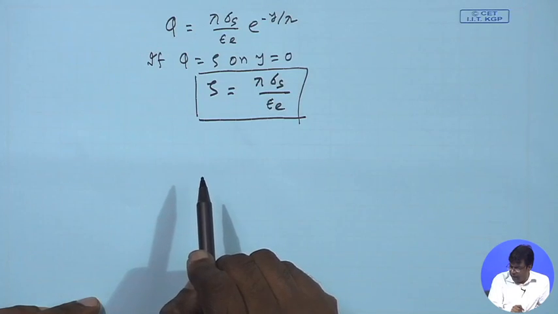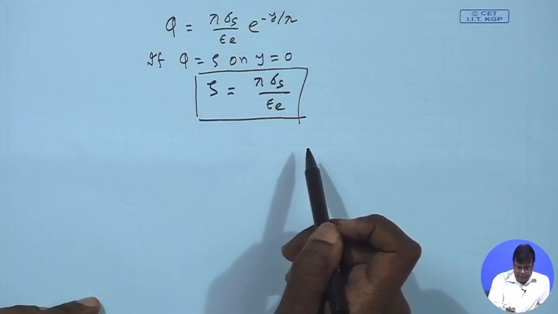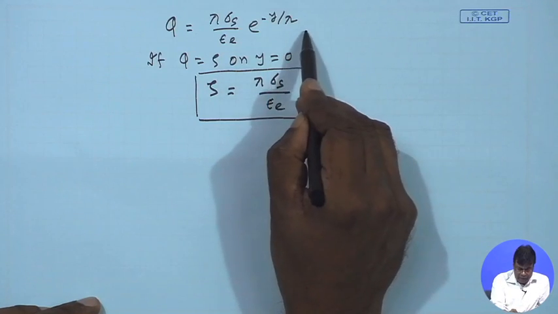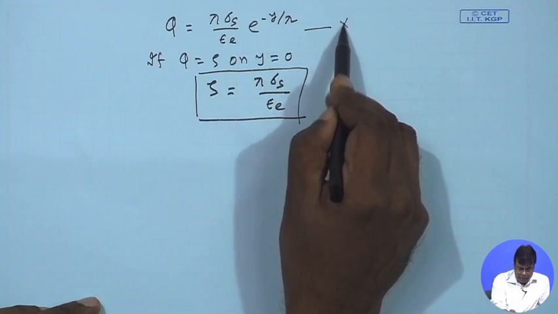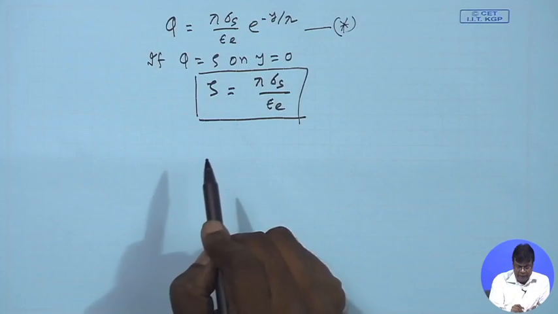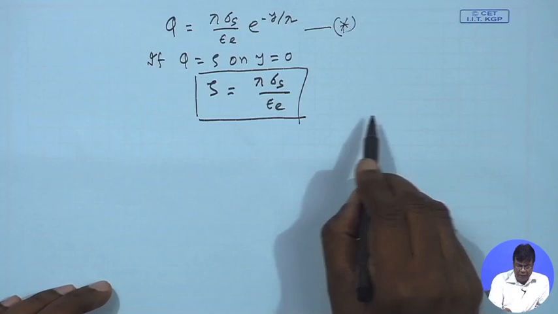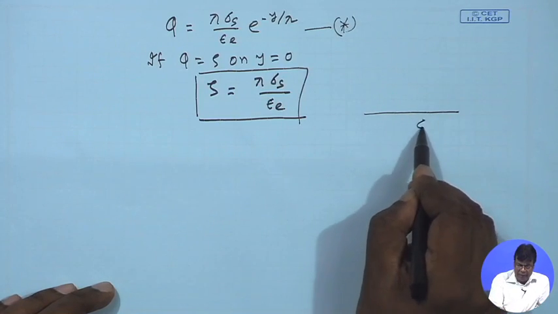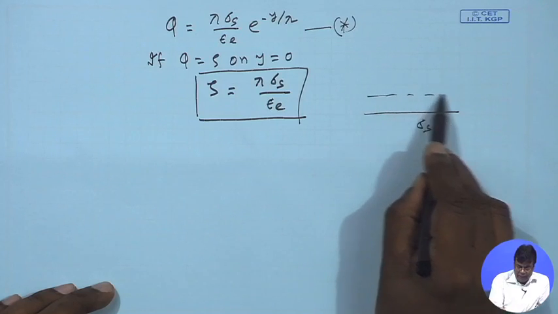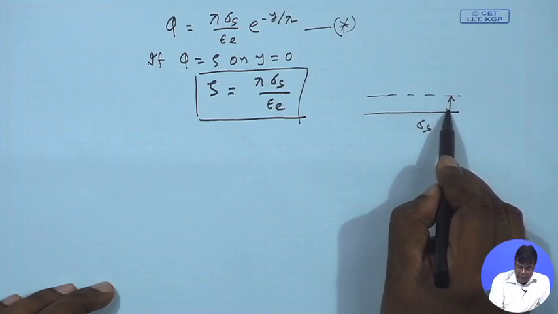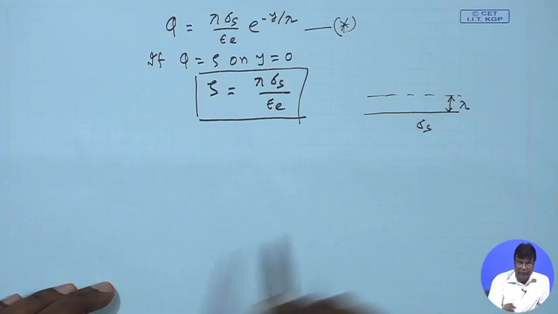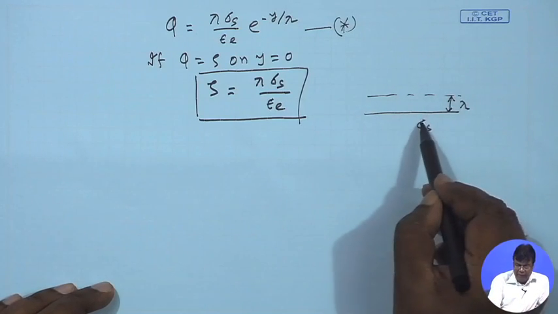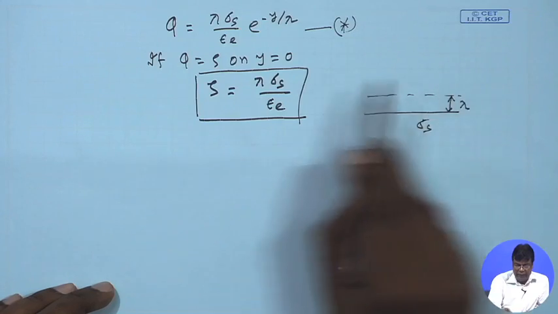Now, one interesting thing about this relation is that lambda is the Debye length. If you have a surface which has a charge density sigma s, you have a layer whose length we estimated as lambda, which we call the Debye thickness, beyond which the effect of sigma s tends to 0.